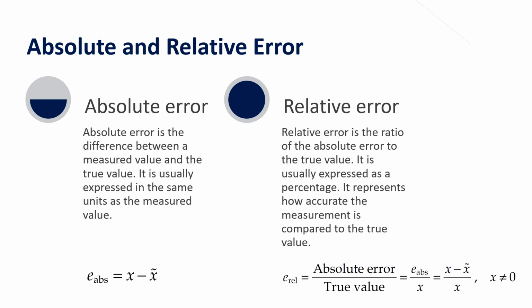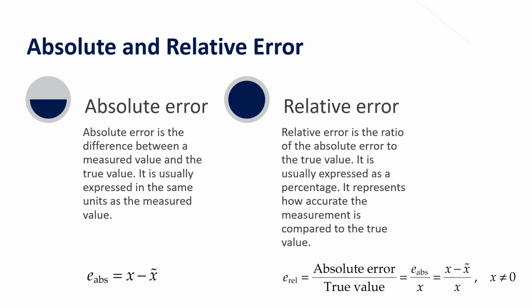It is usually represented with the symbol of the absolute value of delta, and it is measured in the same units as the measurements. For example, if the true value is 10 inches and the measurement is 9.8, the absolute error is 0.2.